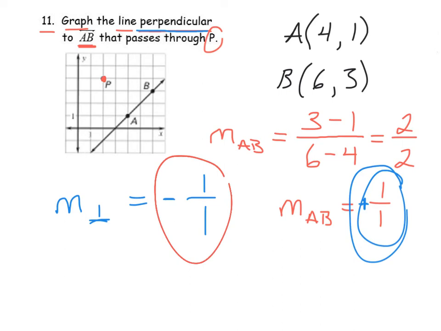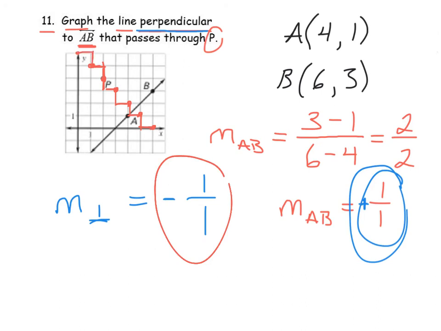First thing I notice is that it's negative. So when I start off, I'm going to go down 1 unit, right 1 unit. There's my next point. Down 1 unit, right 1 unit. There's my next point. Down 1, right 1, next point. Now, the other option was to go up. Well, if I go up, that's going to be positive, but then I go left, which would make it negative.